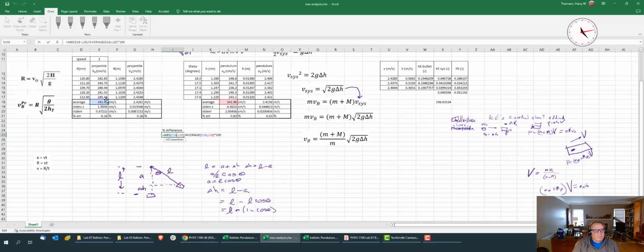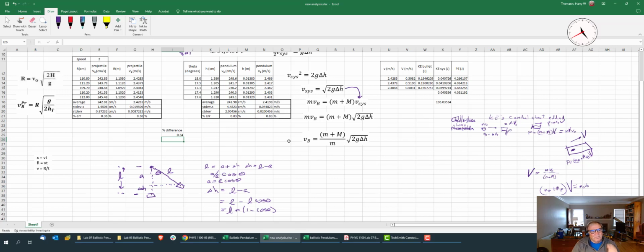Notice for average, since the two of them are not next to each other, I type the word average. Let's do it again just to show you. I want to average this number, and then I put a comma because they're not next to each other, and then that number. And there it is.